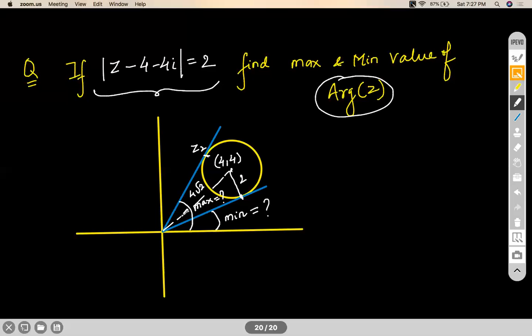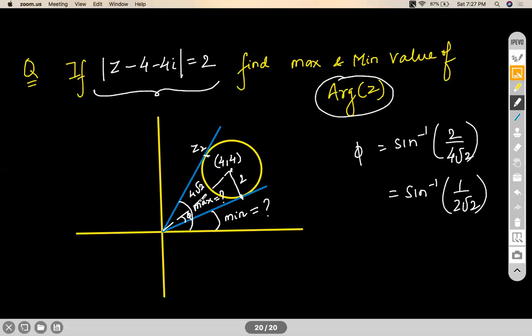Let me call this phi. Phi is sine inverse of 2 by 4 root 2, that is actually sine inverse of 1 by 2 root 2. Correct? And this whole angle was 45 degrees, this whole angle was pi by 4.